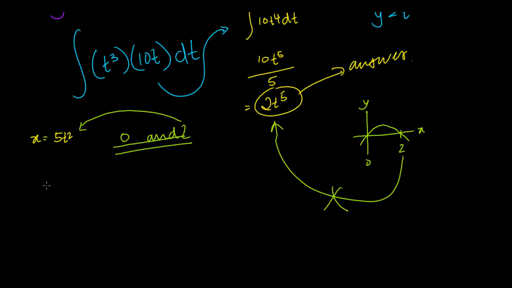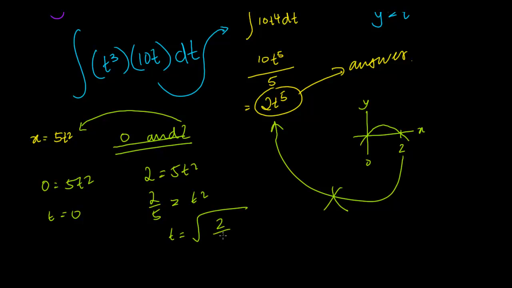So 0 is equal to 5t squared, so t is equal to 0. 2 is equal to 5t squared, so 2 over 5 is equal to t squared. t is equal to the square root of 2 over 5.